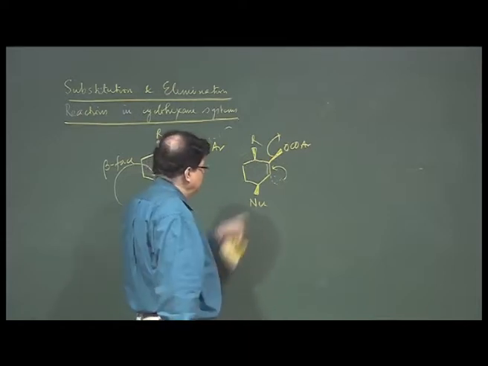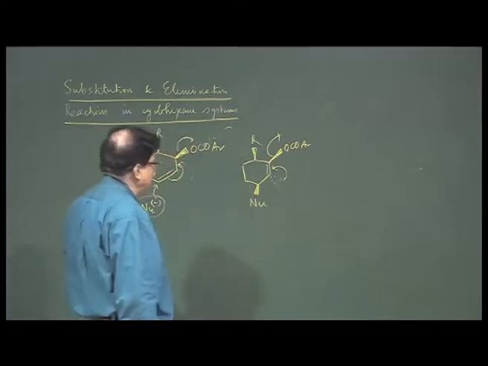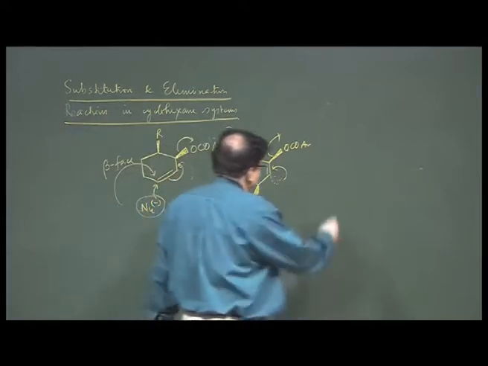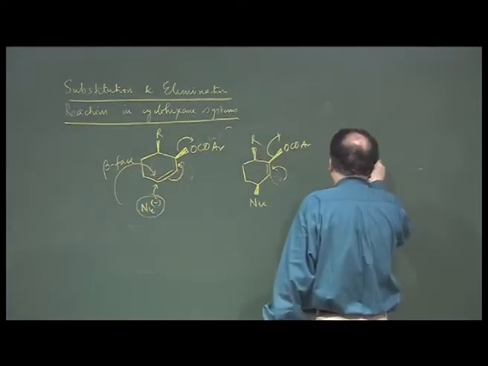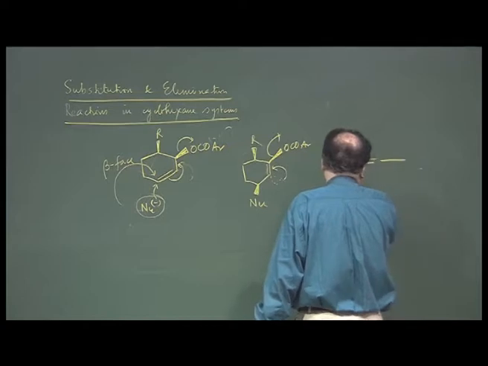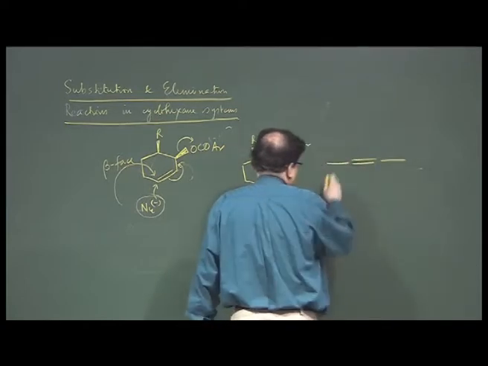So this is without going into the detailed conformational analysis, but you can do a quick conformational analysis by drawing the cyclohexane in the half chair conformation.